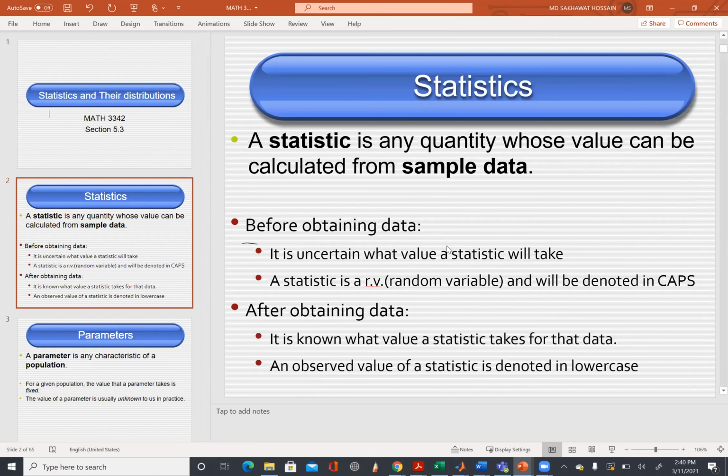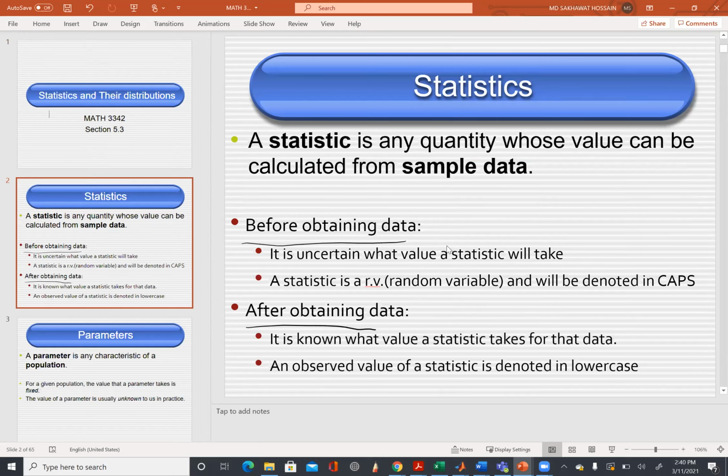So before obtaining the data, it is uncertain what value a statistic will take. For example, if we want to know the sample average of a class, in our class we have total 53 students, so we want to take a sample of 10 students to know the average score in the first midterm for this class.